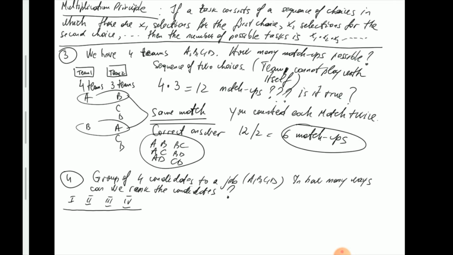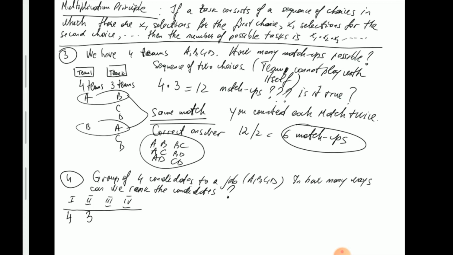All right, so how many possibilities do we have? For the first position, any of them can be the first. Let's assume that any of them can be in any position. So you have exactly 4 choices for the first place in the rank. But that means you're left with only 3 choices for the second one. Once one of them is placed in the first position, there are only 3 available to fill the second position.